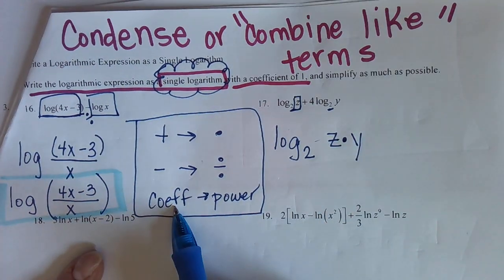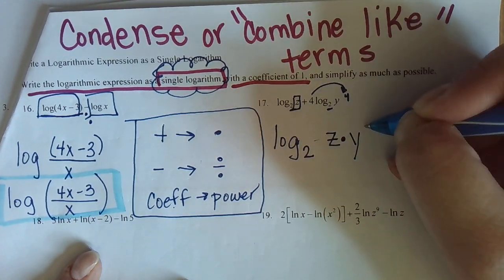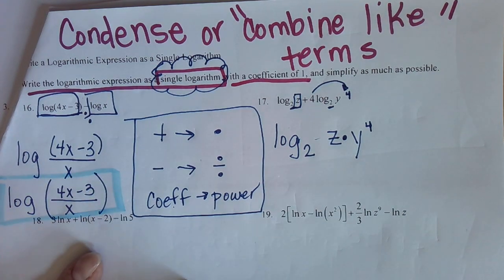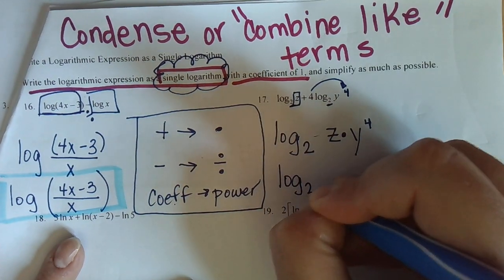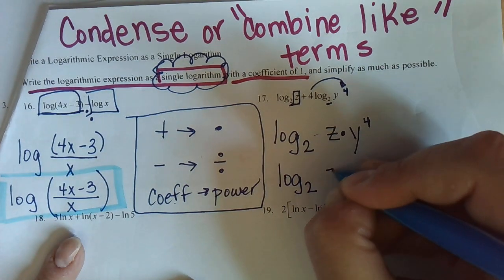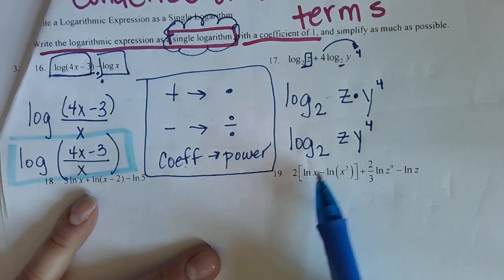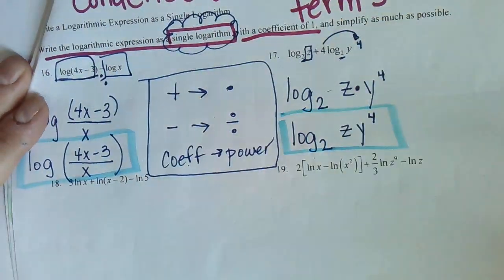But remember, the coefficient, the thing in front, goes up in the air. So our answer is log base 2 of z y to the 4th. The only things that are small are the 2 in the subscript and the 4 in the air.